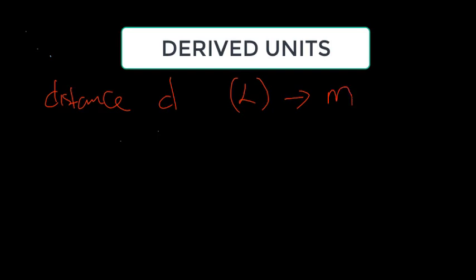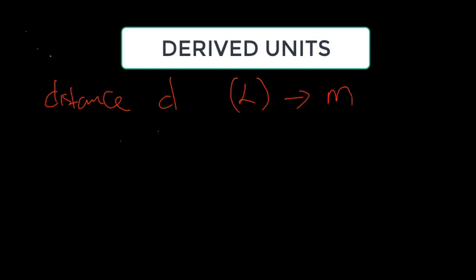So this is how we get the derived units from the derived physical quantities. An example is where we have the distance with the symbol d, and this is just gotten directly from length. And we know that length is measured in meters. So since length is measured in meters, then the derived unit of distance would also just be meters.